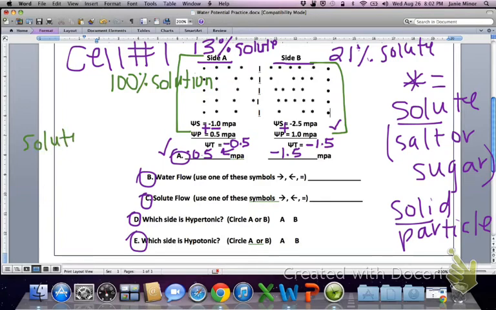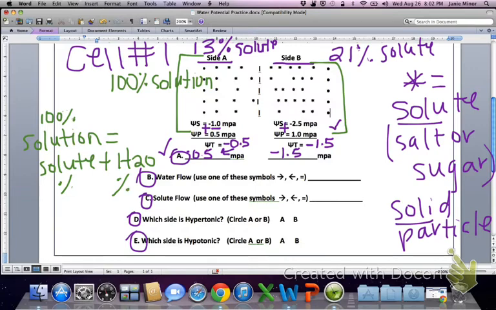All a solution is, solution equals your solute, those solid particles, like that salt or sugar, plus your amount of water. Now, each of these are going to be a percent. Your whole solution equals 100%. And your solute, again, is going to be a percent, like up here that we've already indicated. And that's going to also be a percent, your water.